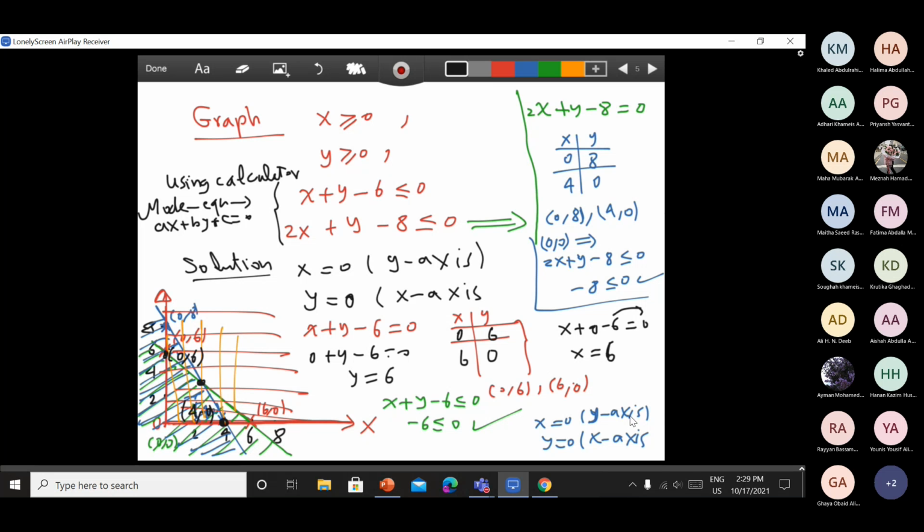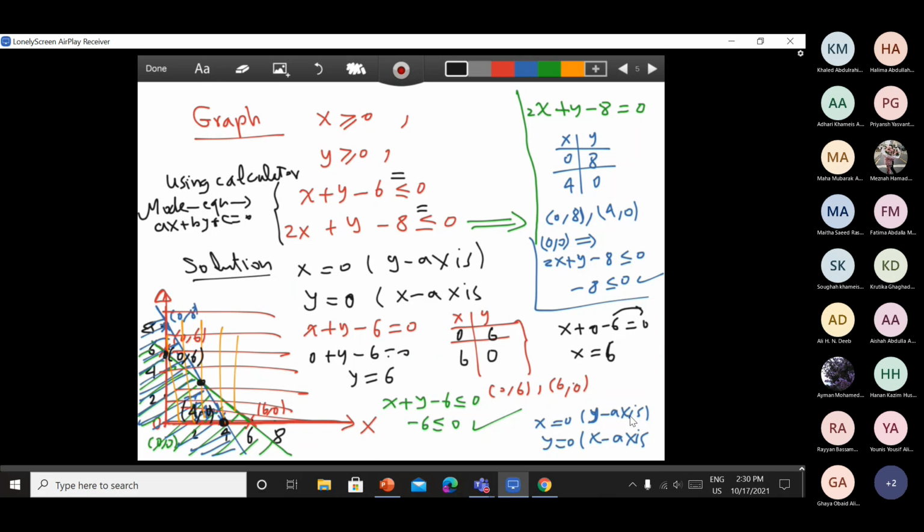Guys, the formula in your calculator, ax plus by equal to c or plus c equal to 0? Plus c equal to 0. Excellent. So this is ready to use with your calculator, right?